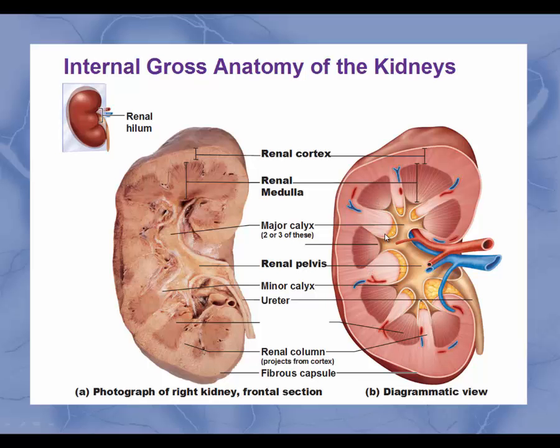At the very tips of these are the minor calyces here and here. On the real one, you actually see the difference in color. The lighter color would be the cortex, darker would be the medulla. That's a pyramid, that's a pyramid, that's a pyramid here. And the very tip would be the calyx.